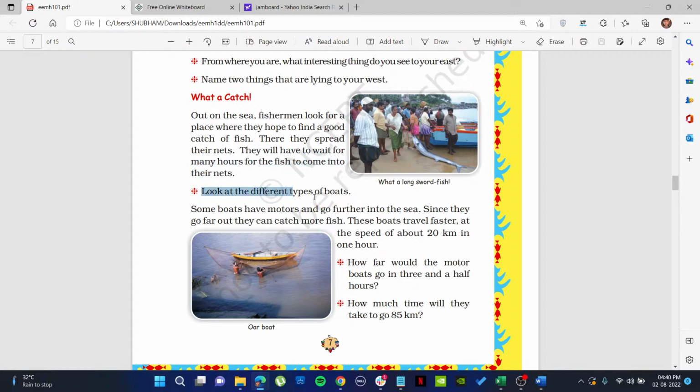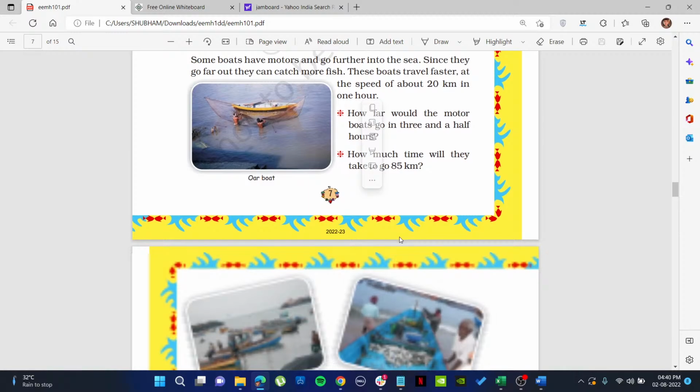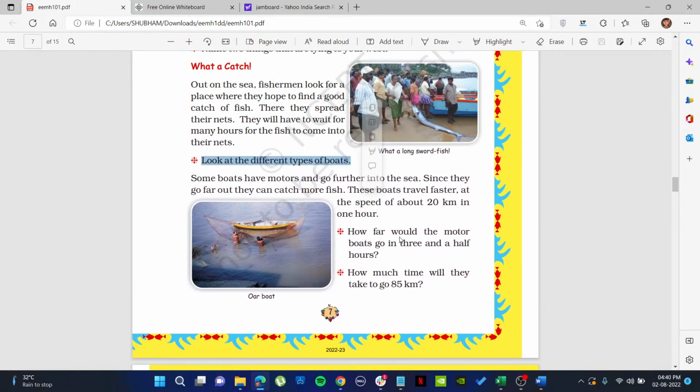Look at the different types of boats. Here we can see different kinds of boats. This picture shows an image of an oarboat. Some boats might have motors, so we call it a motorboat.